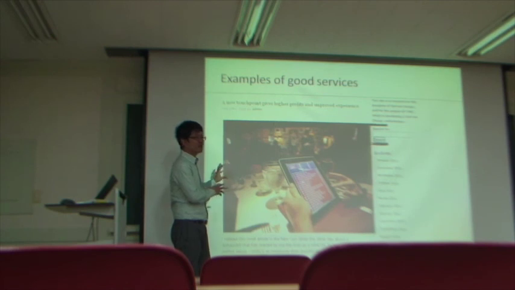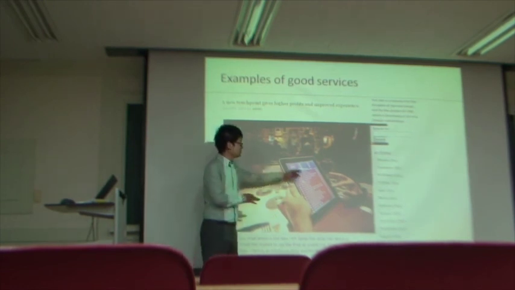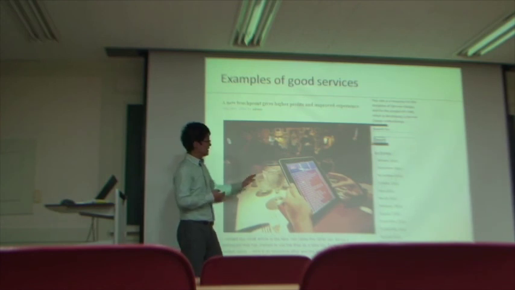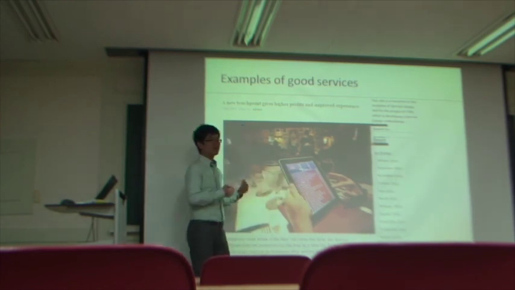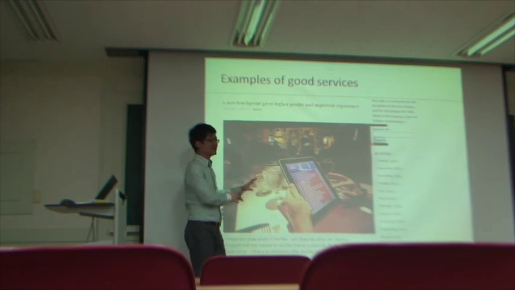Why does the restaurant get more orders of wine than before? Since they think choosing wine in the restaurant is kind of emotional stuff, and the iPad can provide people with some emotional arousal and emotional attachment to a particular experience.